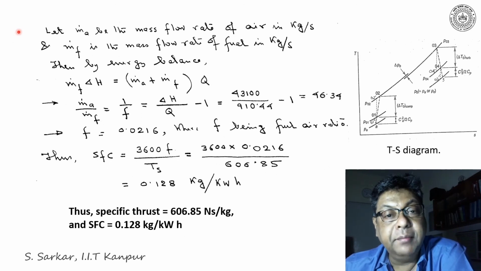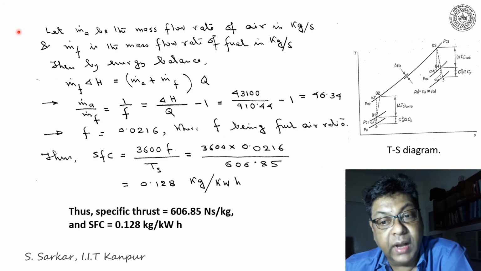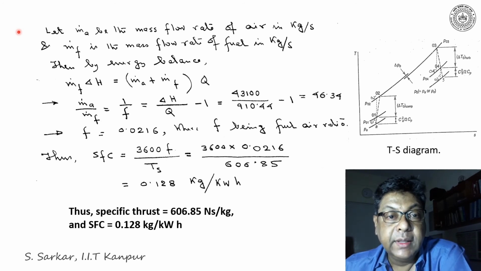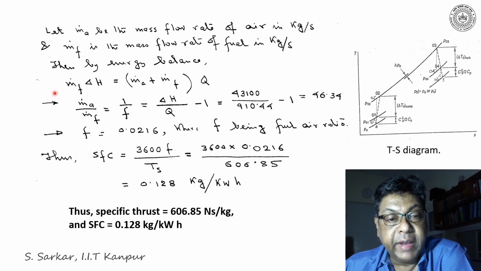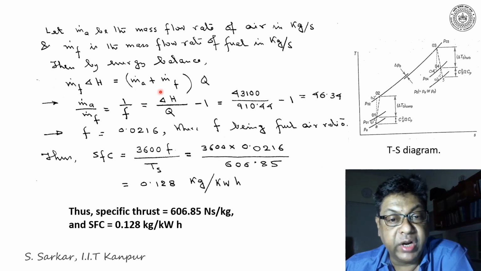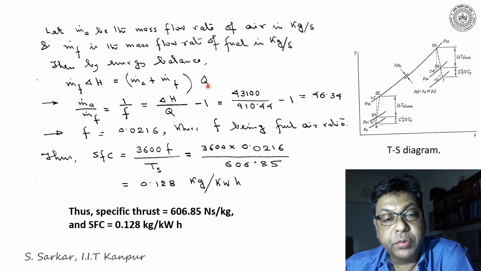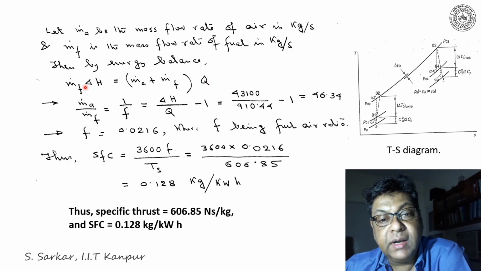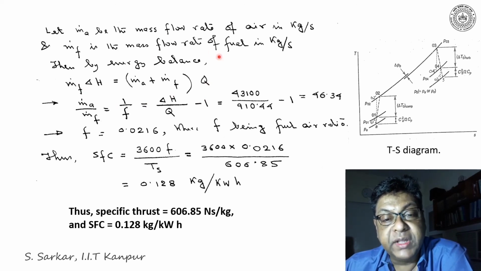Now let us consider m dot A be the mass flow rate of air in kg per second and m dot F be the mass flow rate of fuel in kg per second, then by energy balance we'll get m dot F into del H is equal to m dot A plus m dot F into Q, where del H is the calorific value of the fuel and Q be the heat added in the combustion chamber.